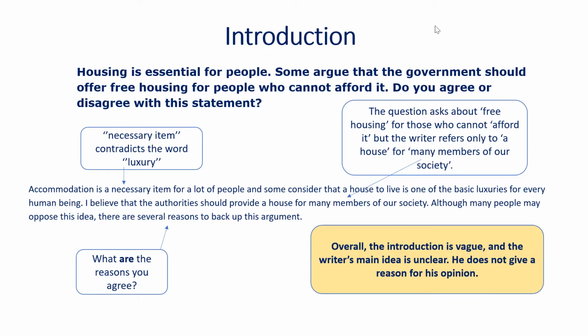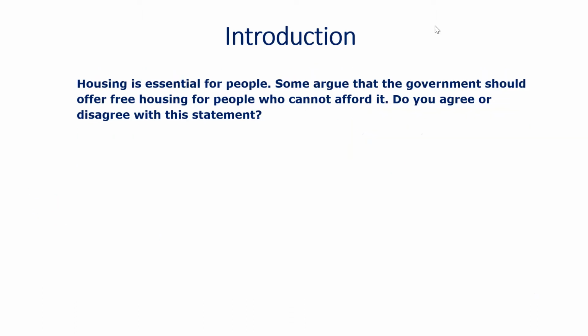We know that she believes that the authorities should provide a house, but for whom and why? So she doesn't really give reasons for her opinion. So in terms of task response, this is a very weak introduction and doesn't merit more than band score 5 or band score 5.5. Let's look at my other student's response.